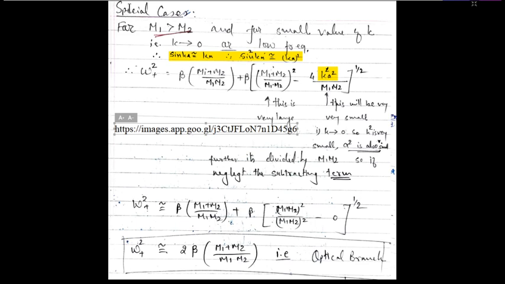Out of these two varieties of masses, m1 and m2, let us say I have a sodium chloride crystal, then one is the Na atom and another is the Cl atom. One is a heavier atom and one is a lighter atom.